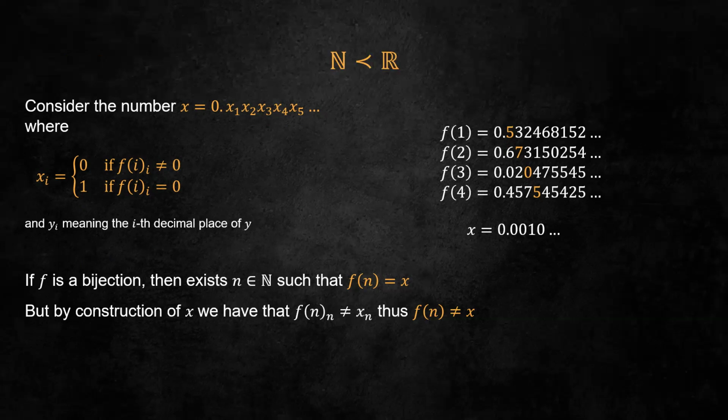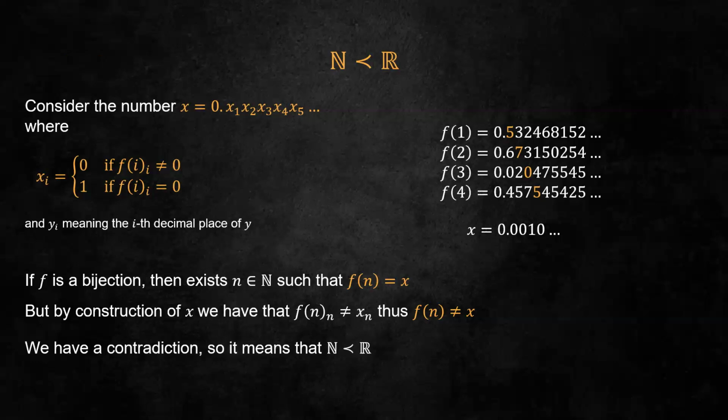But if the value is 0, the value of x_n is 1. So if they do not match here, it means that they are not the same, and we arrive at a contradiction. And it means that the real numbers have more numbers than the natural numbers, than the integers, and than the rational numbers.